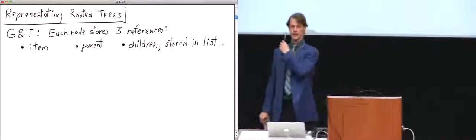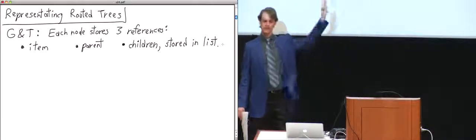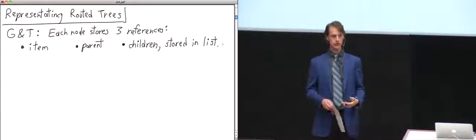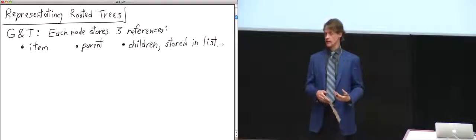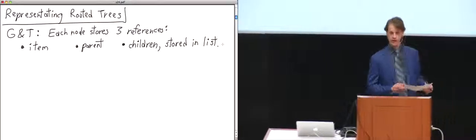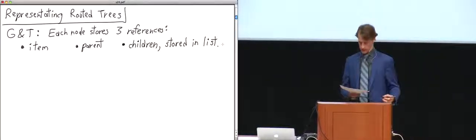Option number 2 is a more compact version of this. The basic ideas are still the same, but instead of using a separate list class, we're going to develop a tree node class that does all the list linking for us internally. So we only need one kind of node. We don't need list nodes and tree nodes. We just need tree nodes.